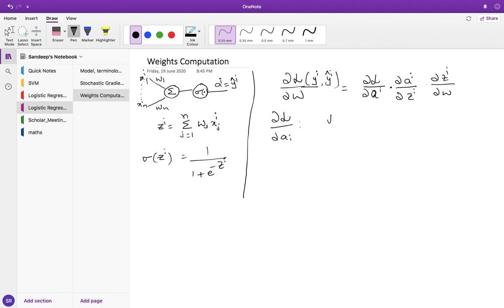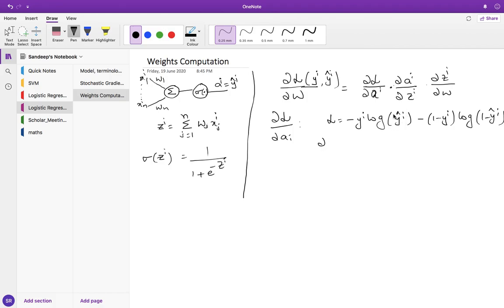First of all, let us write L here once again. L is defined as minus yi log of yi cap minus 1 minus yi into log of 1 minus yi cap. This is how we defined the loss function earlier.